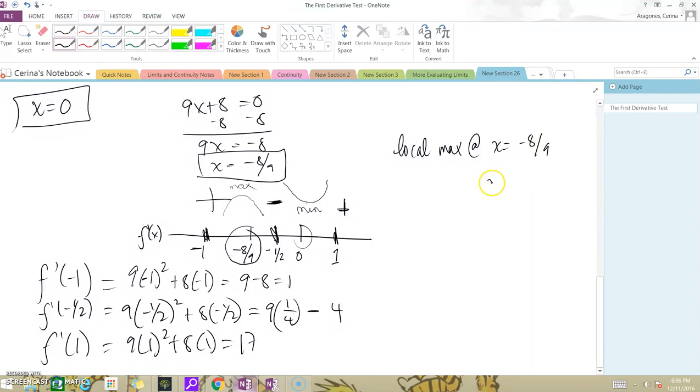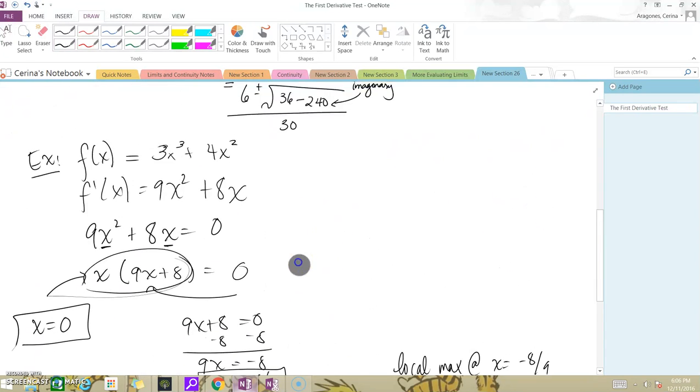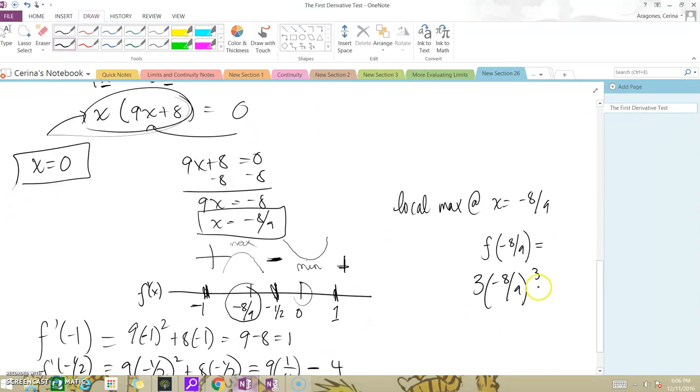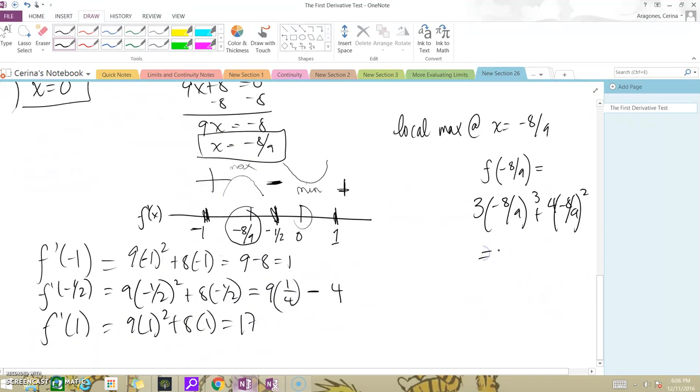To find the y value, we need to find f of x, which is equal to 3x cubed plus 4x squared. Okay, this is equal to, let's see, 8 times 8 times 8, 512, over 9 times 9 times 9, which is 729, times 3, plus 64 over 81 times 4.